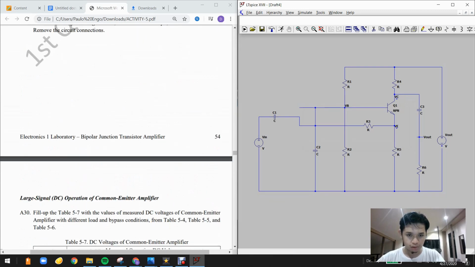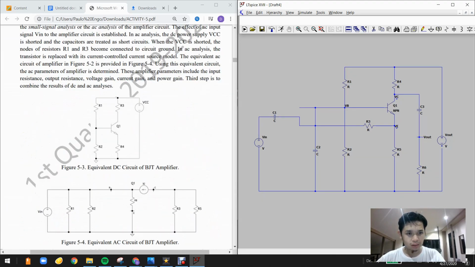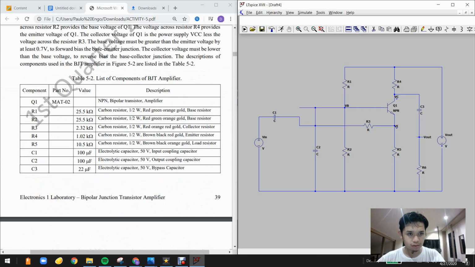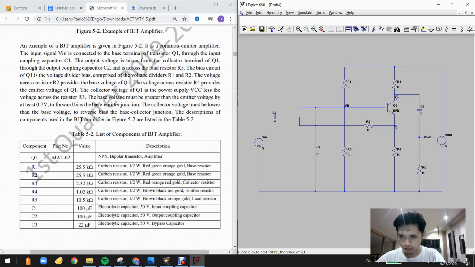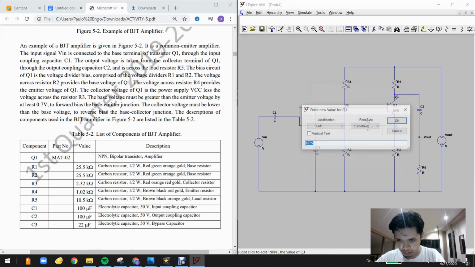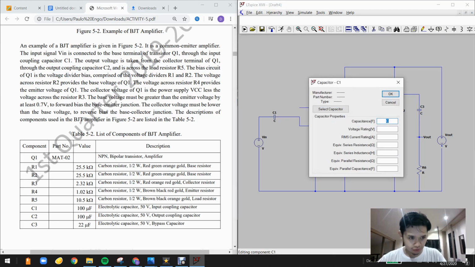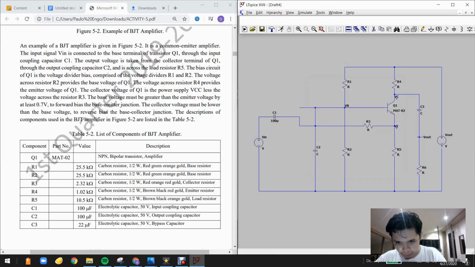Now let's plug in the values listed in here. So Q1, the part number is MAT02. First capacitor is 100 nanofarad.